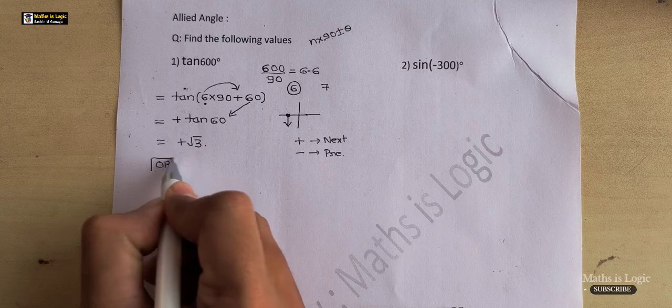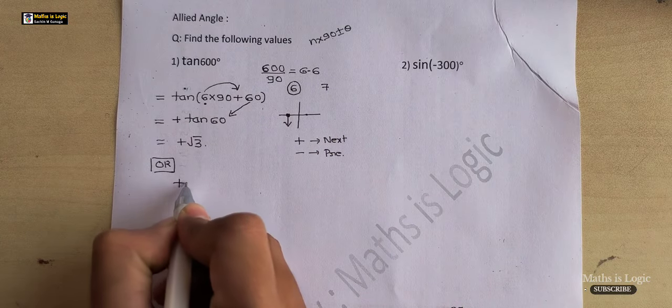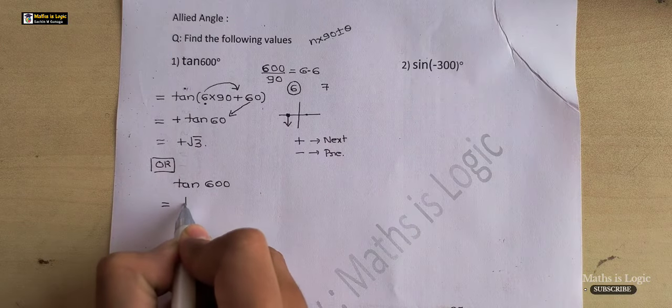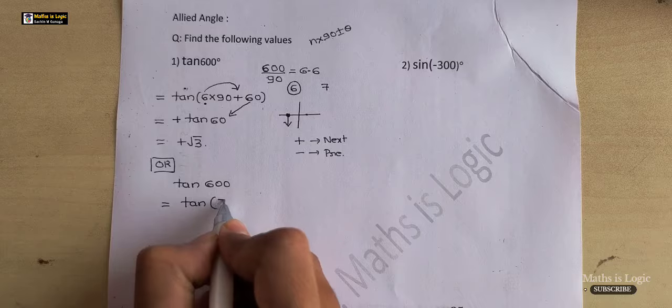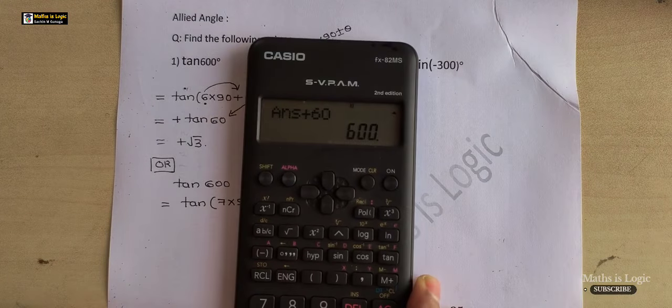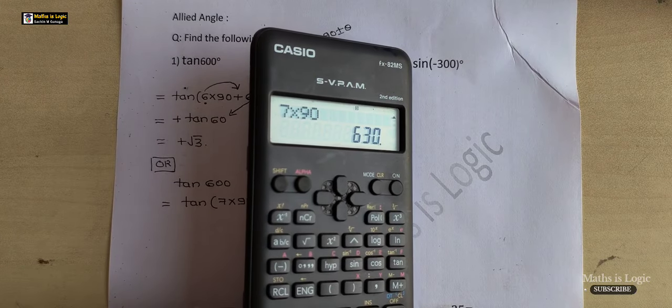Also I will show you how to solve by taking an odd number. First, as usual, tan 600 degrees is there, which is equal to tan, so take the odd number, 7 into 90, correct? See, 7 into 90 is how much? 630.